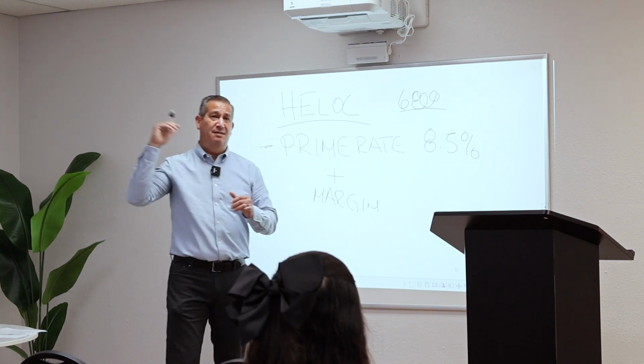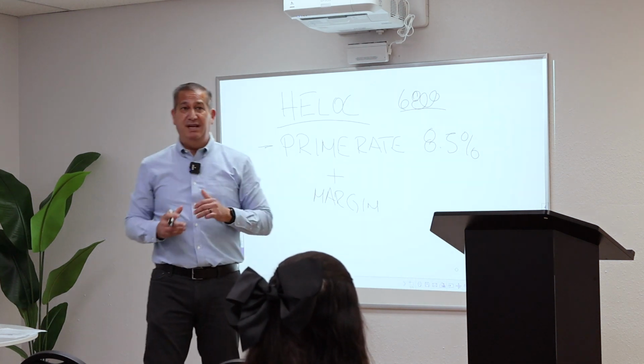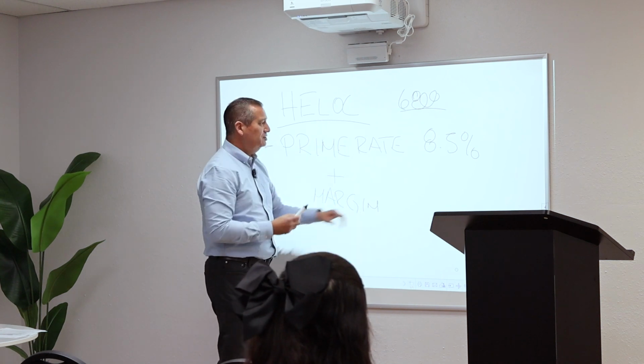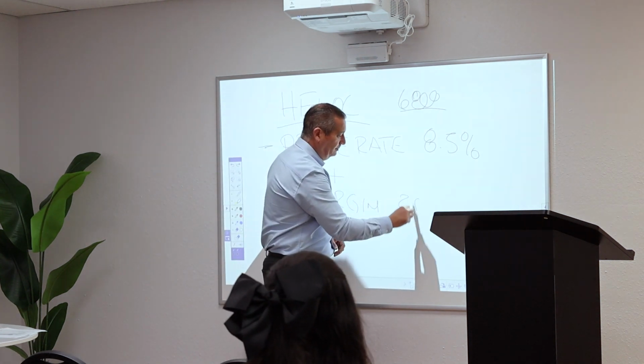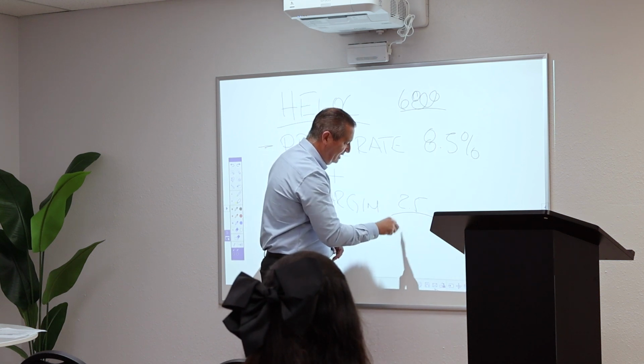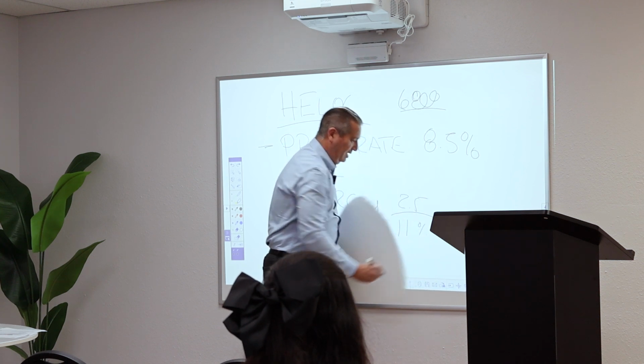I don't doubt that there's an investor over there or XYZ. If you check the interest rate, let's just pretend that the margin is 2.5, the prime is 8.5, so we're at 11%.